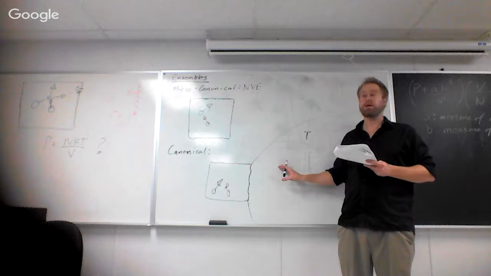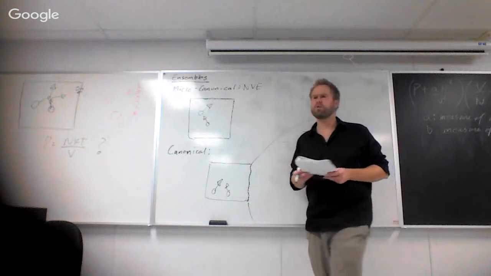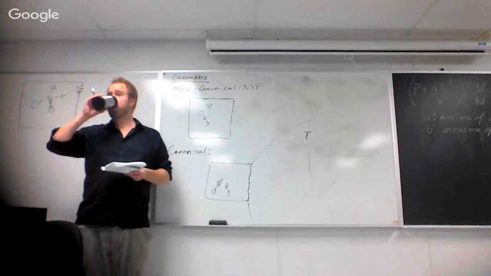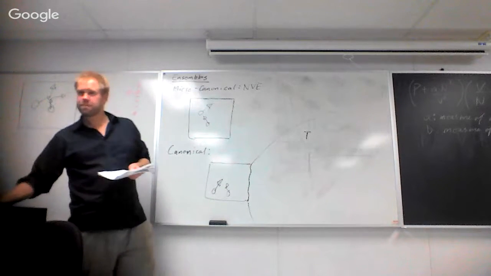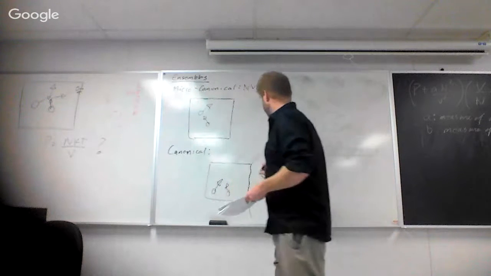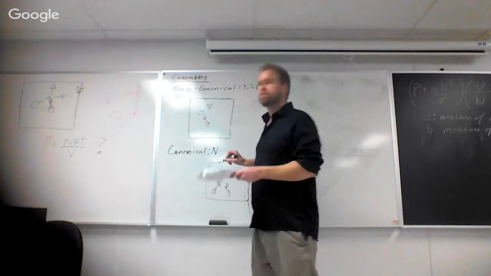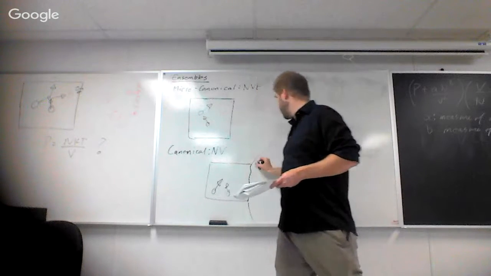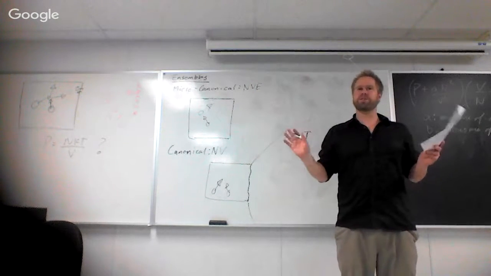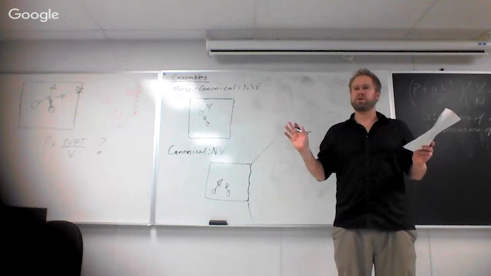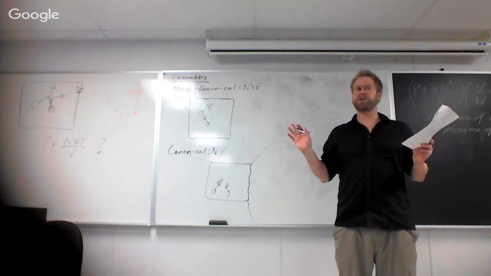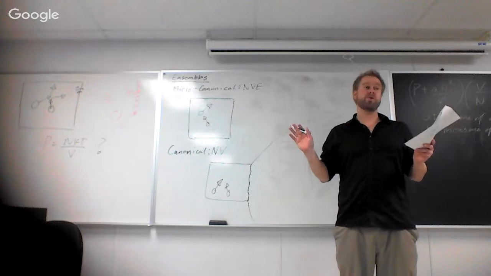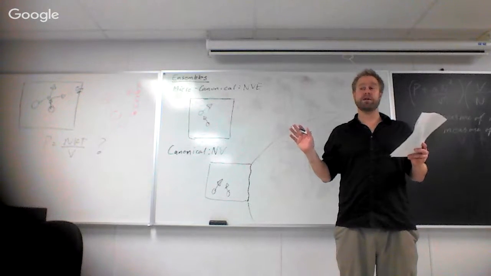Now what is being held fixed? N is still fixed because particles can't go through here, only energy. What else? V. This thing can undulate maybe a little bit, but for all intents and purposes, it's the same volume. Anything else? Is energy still fixed? No. What's held fixed instead?